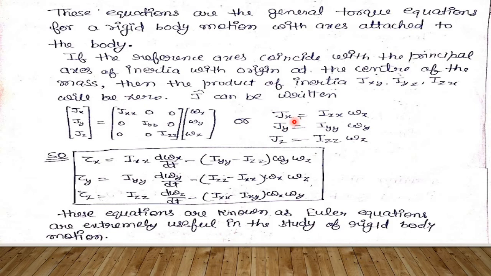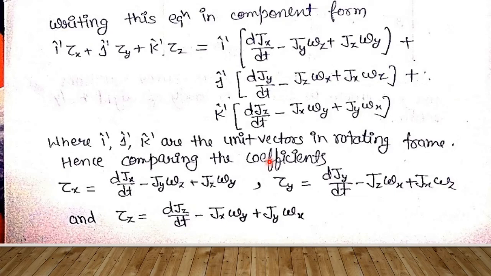So we get Jx equals Ixx omega x, Jy equals Iyy omega y, and Jz equals Izz omega z. Now from this, we will put the values of Jx, Jy, Jz similarly in all the terms.